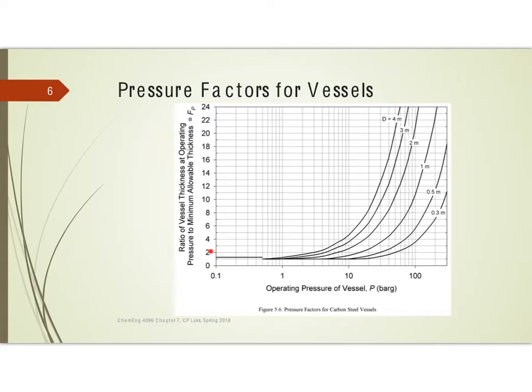For vacuum, it's going to cost a little bit more, so you'll notice that this number is just a little bit higher than at atmospheric pressure. So we're going to find our diameter for our vessel, we'll find our operating pressure, and then read straight across to find the pressure factor, F sub P.